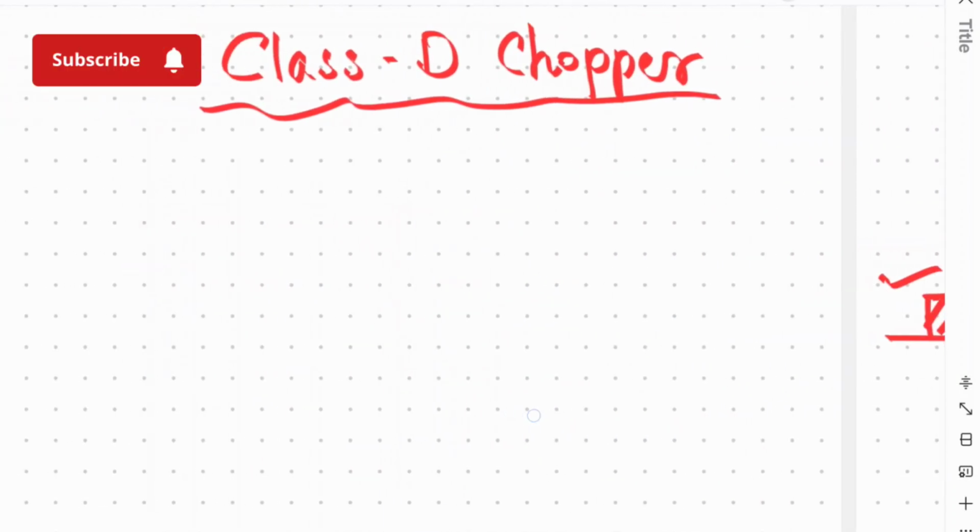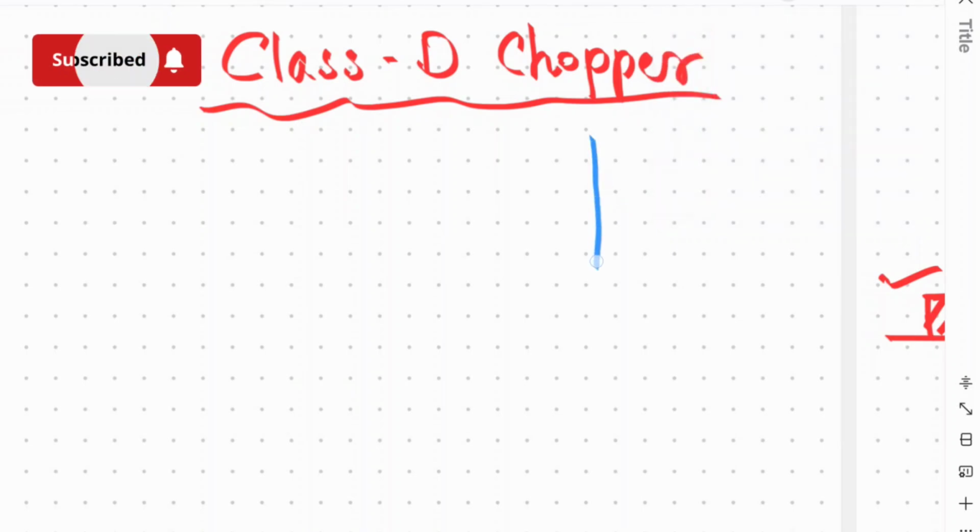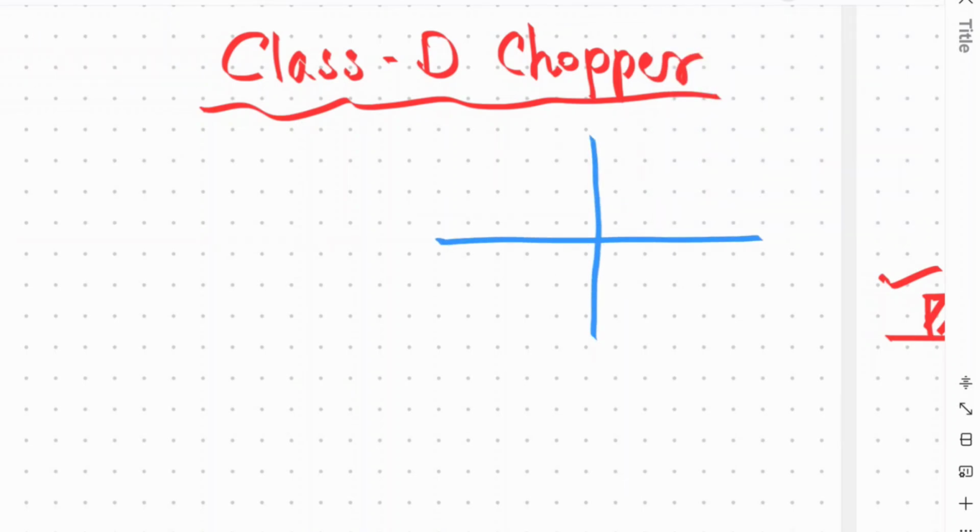Now if we see the class D chopper, in this representation it operates in the first and fourth quadrant. This is the first quadrant and this is the fourth quadrant. It means that the voltage is always positive, but current can be positive and negative.